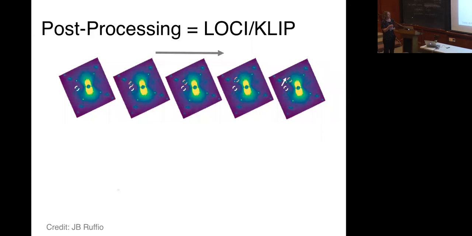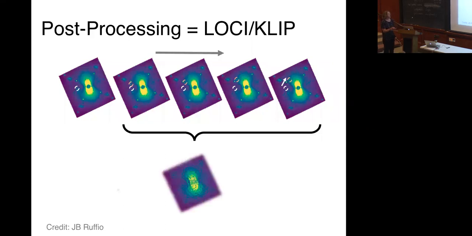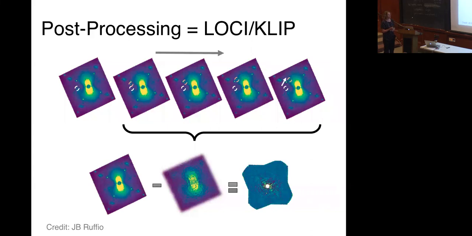So there are things that appear in all of the images. So I could build a custom PSF for every individual image in my cube that is my best guess at what it shares with all the other images that I've given it as references. And then I can subtract it and hopefully have my planet.